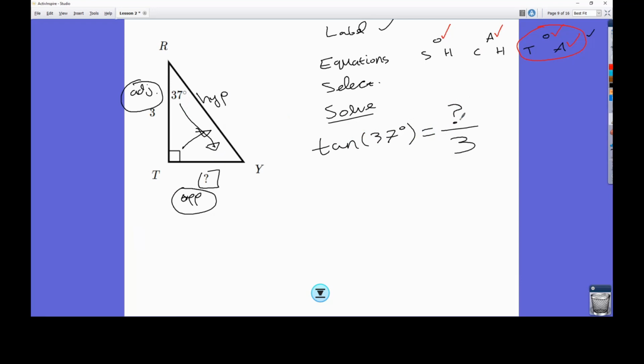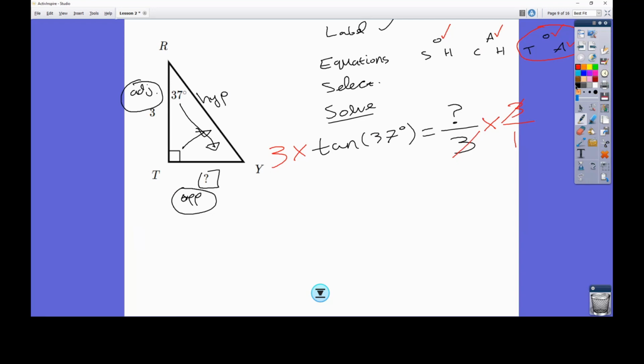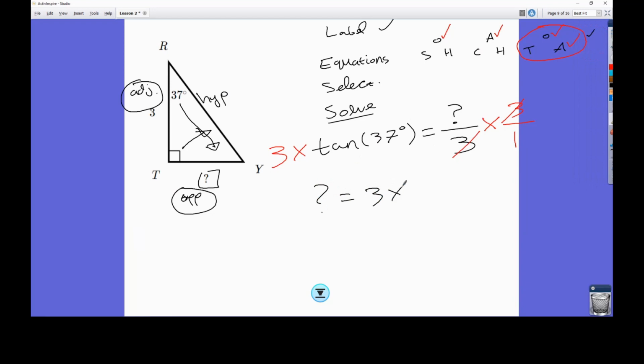I want to have the question mark on its own, so I'm going to multiply both sides of my equation by 3 to cancel out the 3 on the right. So I'm timesing both sides by 3, or we could think of it as 3 over 1 if you wanted to. On the right-hand side, that is going to cancel out. So I am left with question mark is equal to 3 times tan 37.